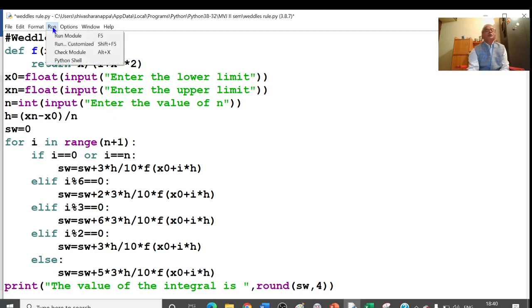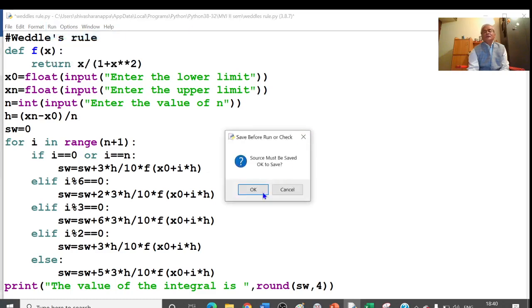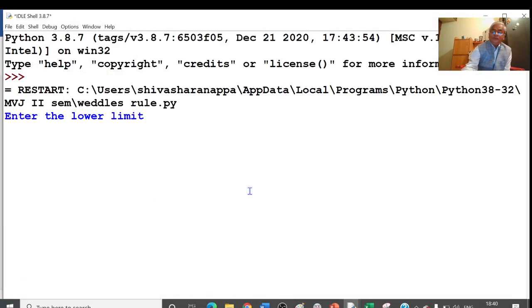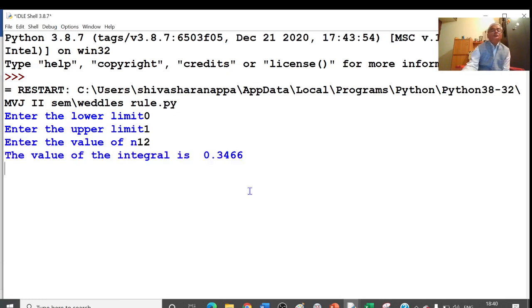Again, if I run this program, lower limit is 0, upper limit is 1, and number of subdivisions say 12, 0.3466.